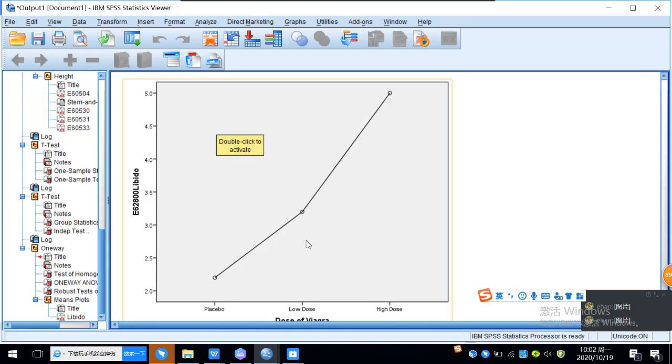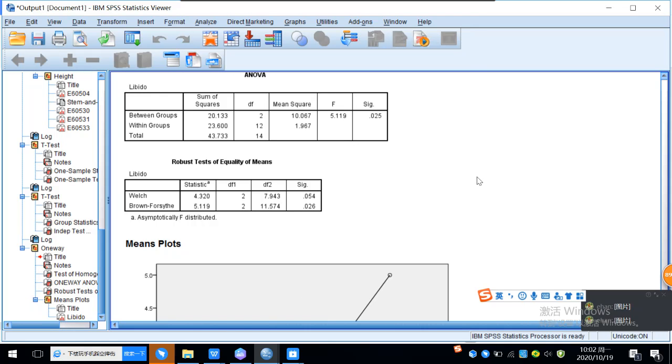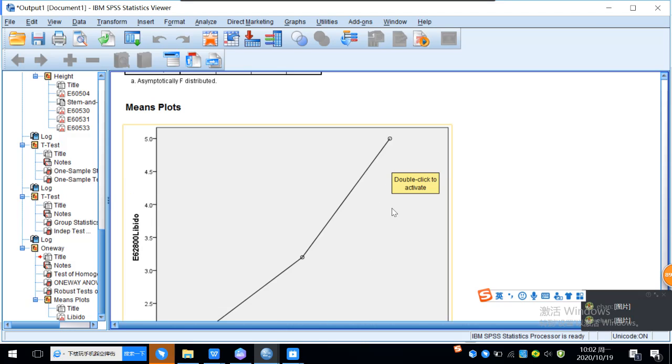Here is the mean libido of different doses, placebo and the different doses. Okay.